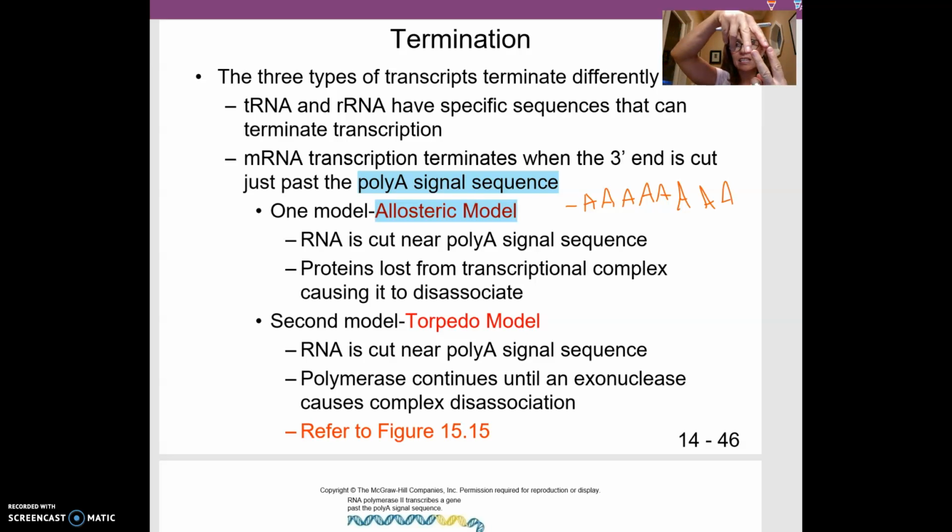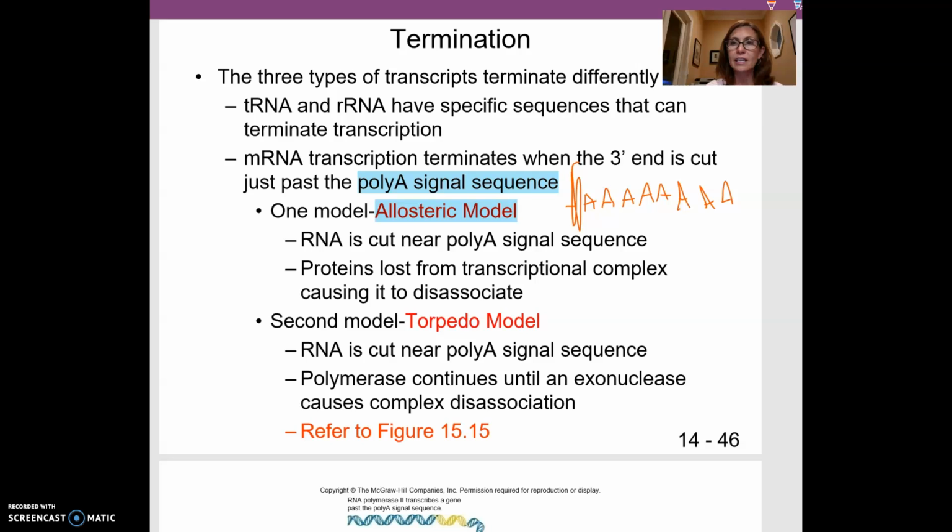Remember, A's and T's are very unstable, a lot less stable than G's and C's that have 3 hydrogen bonds. So, in the allosteric model, the RNA is literally cut near that sequence. Basically you have an enzyme that comes along and cuts it off. And so that is one way that this can happen.